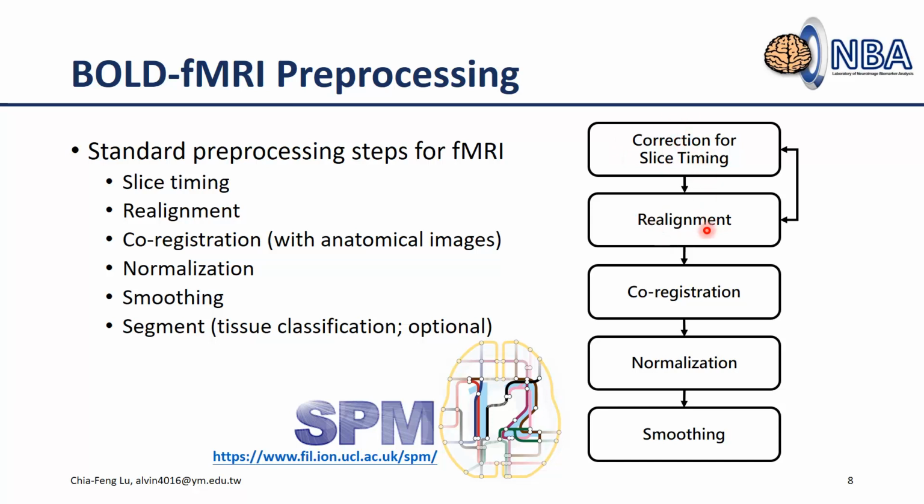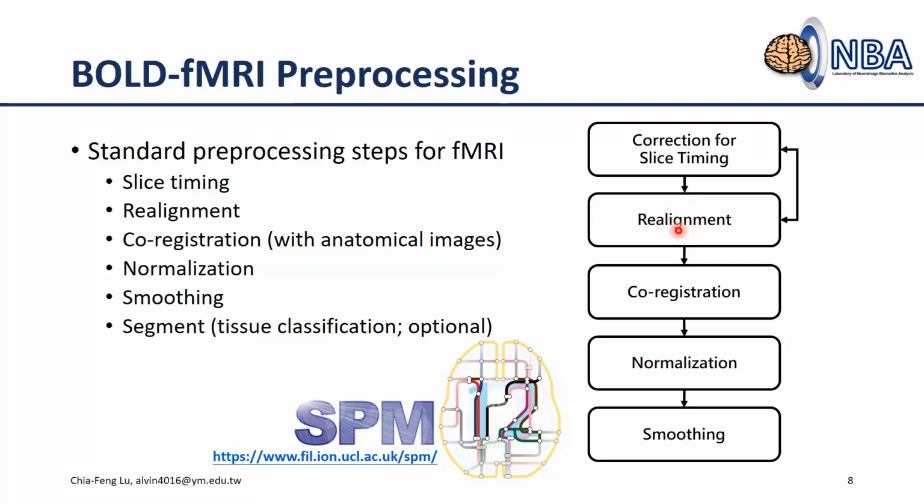The next step is to help us correct the head motion. The participant or the subject will lie on the MRI table for at least 6 to maybe 15 minutes. It's a pretty long time. Normally, if you are a living person, it's really hard to keep your head totally unmoved.